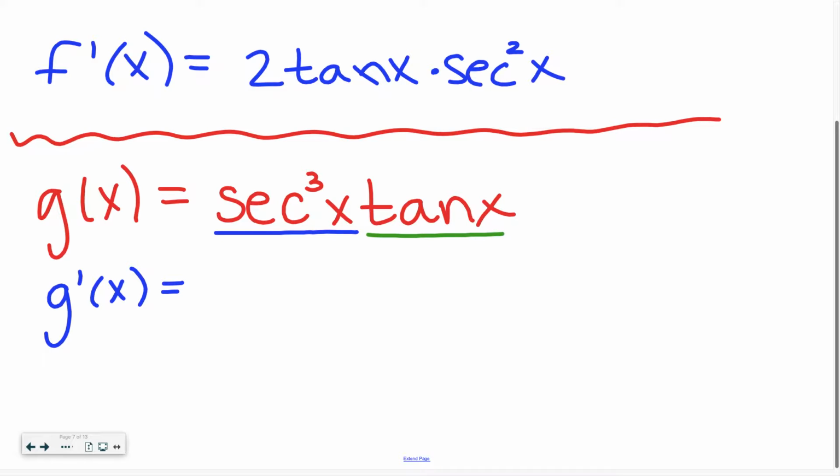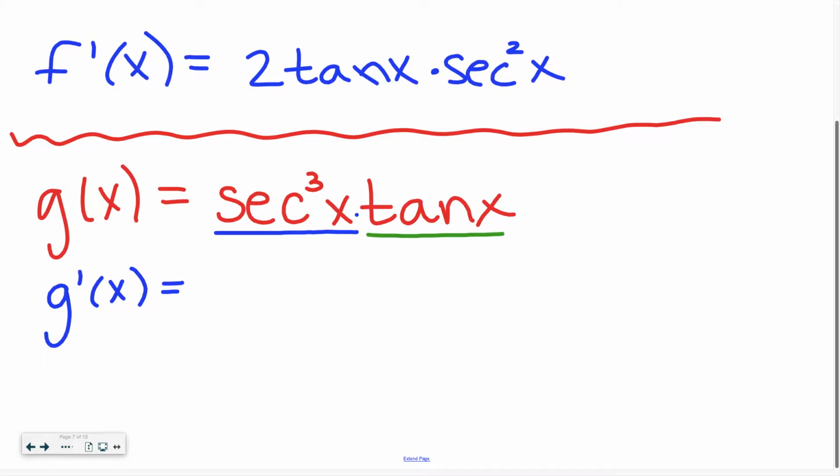Okay, what do we have going on up here? We have two functions being multiplied together. So we have a product rule. But inside of our product rule, we have a composition. Do you see that? How it's a composition times tangent?